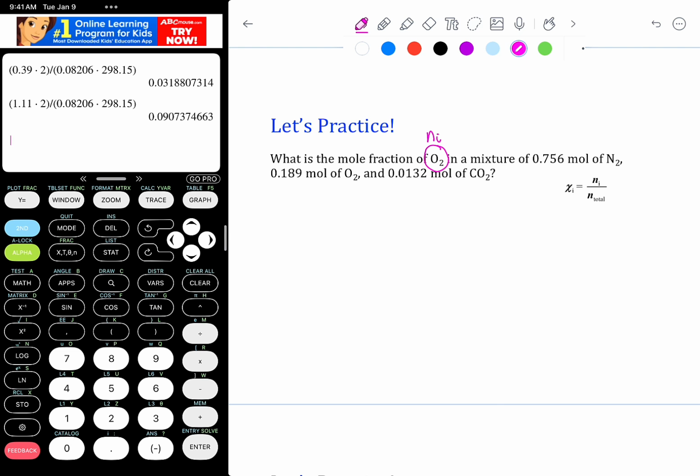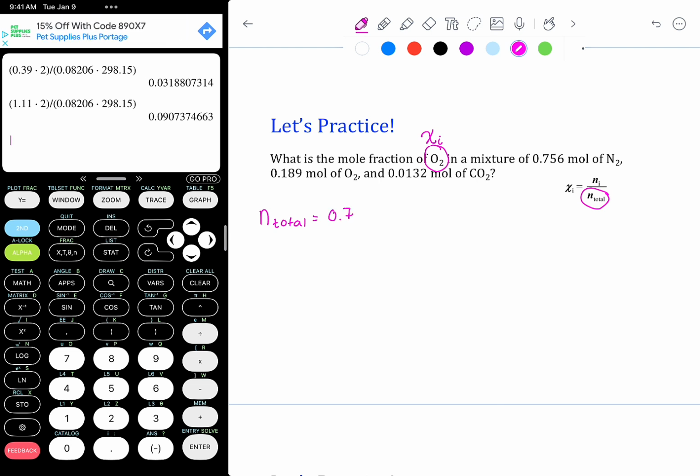So we need to find the N total first and then divide. I should say this wouldn't be the N sub I. I want to find the chi. There we go. That's a better representation. I want to find the mole fraction of oxygen. So we need to calculate N total first, so we need to add up all of those mole values.